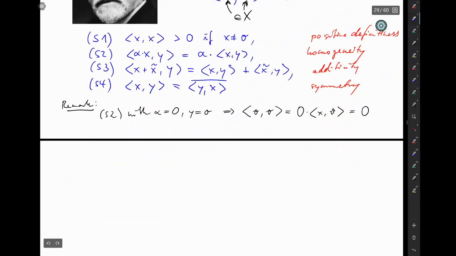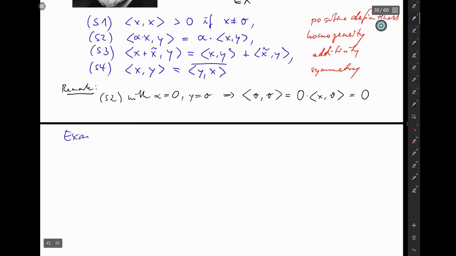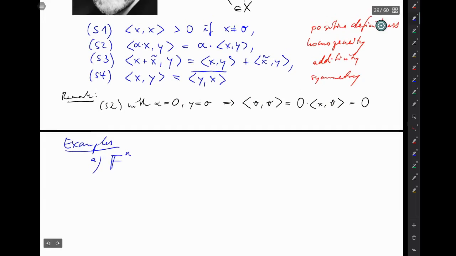As a first example, let's look at F to the n, which is either R to the n or C to the n. And we all know how to choose the scalar product in this case. You would probably take something like x1, ..., xn, comma, y1, ..., yn, and define this as x1 y1 plus and so on, xn yn.